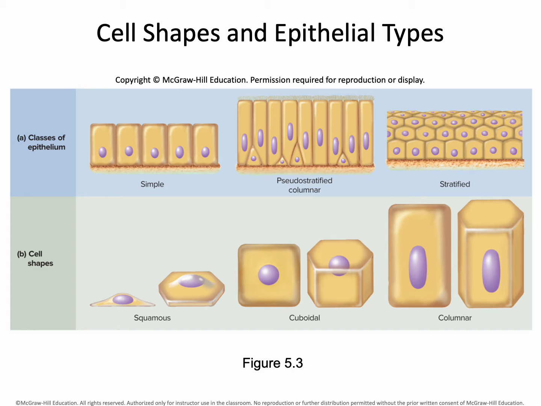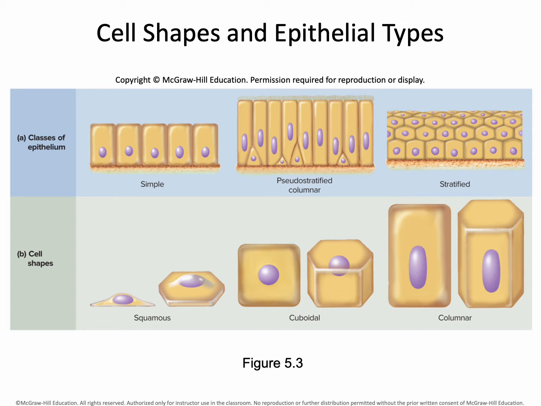They kind of fill the gaps in, but they're about as wide as they are tall. Columnar are 2 to 3 times taller than they are wide, and again, the placement of the nucleus is sometimes an indicator as to what you're looking at in these cells. Usually the nucleus is much closer to the basal surface than the apical surface.